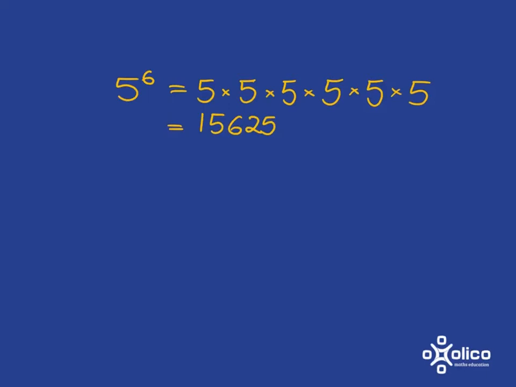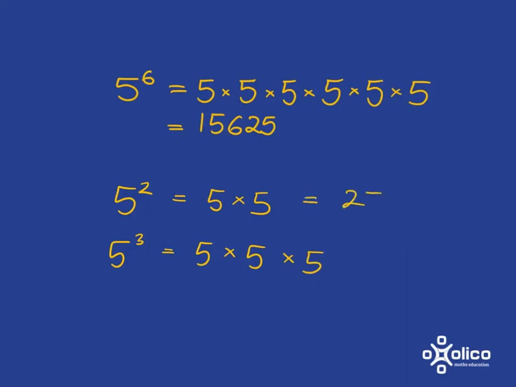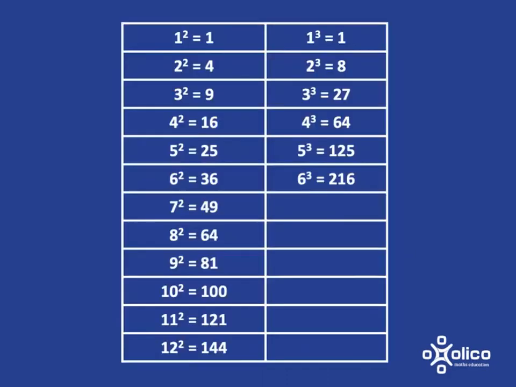You've done a lot of work already with squares and cubes, so you know, for example, 5 squared just means 5 times 5, and 5 cubed means 5 times 5 times 5. So this one is 25, and this one is 125. And I've suggested before that really being able to recognize these square and cube numbers is quite useful.